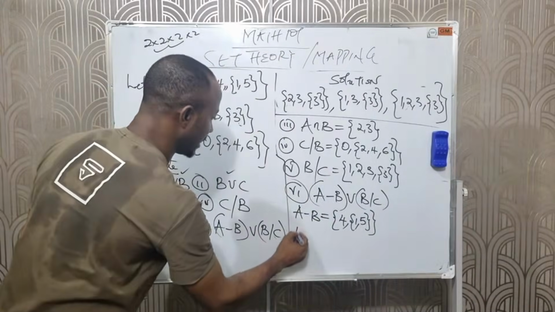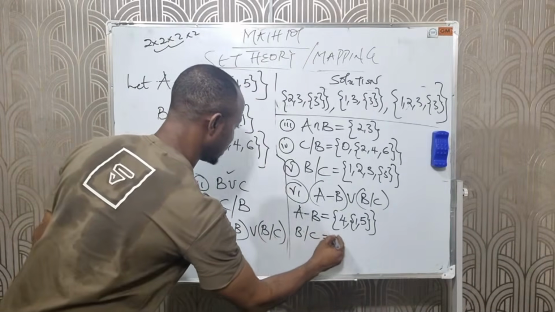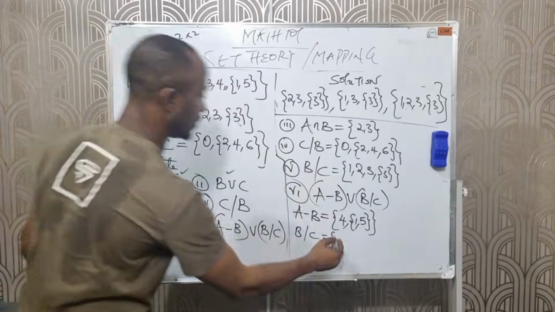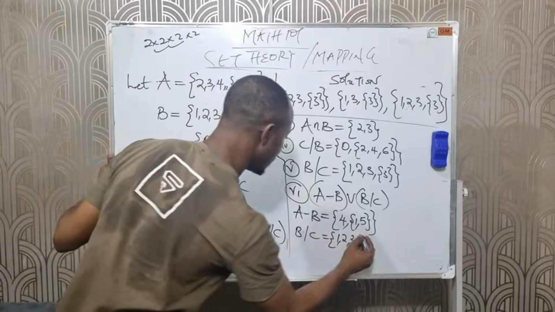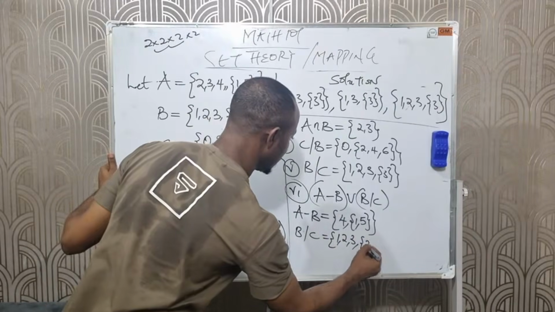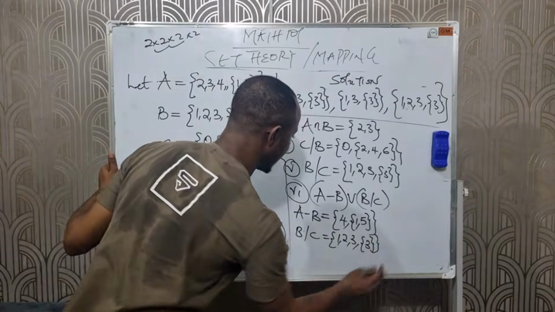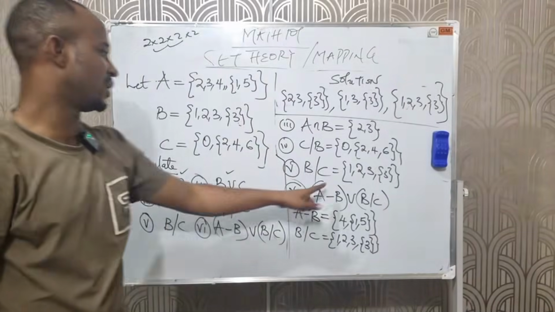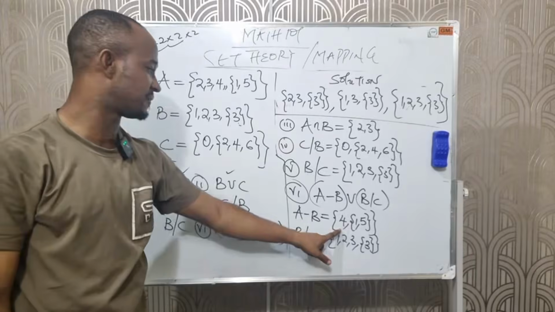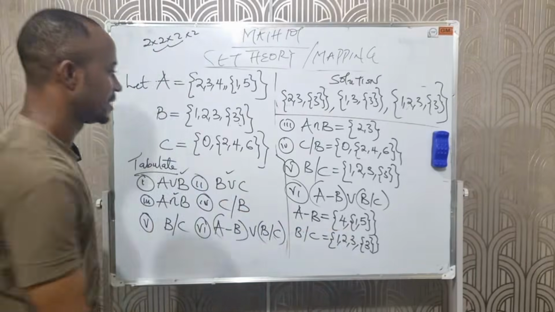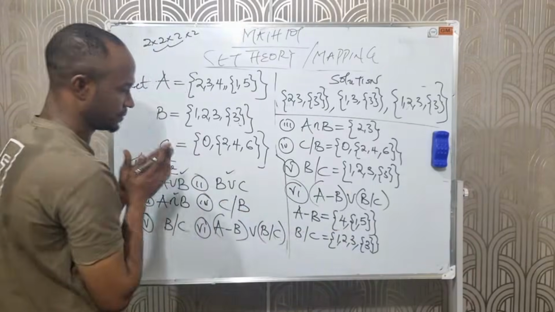Then B difference C, we already saw as 1, 2, 3, and set 3. We have gotten our A difference B as 4, 1, 5. But we also need to find their union.